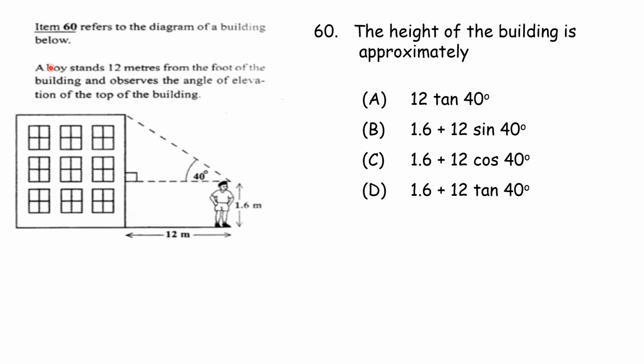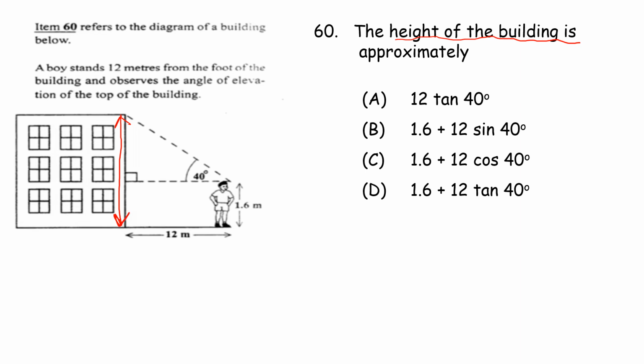We're at the last question, 60. It refers to the diagram of a building below. A boy stands 12 meters from the foot of the building and observes the angle of elevation of the top of the building. The first thing we do is recognize that we're being asked to find the height of the building, so we want this distance.